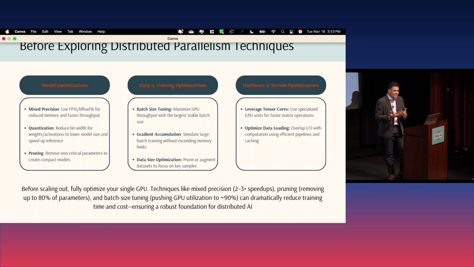And there are three main areas where we would want to optimize this process. So the very first thing is your model optimizations. As we speak about memory consumption, the primary unit that consumes memory is your numerical values, and you can represent your numerical values in a variety of different precisions.